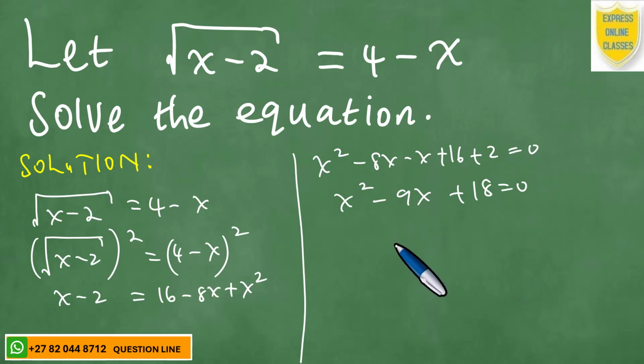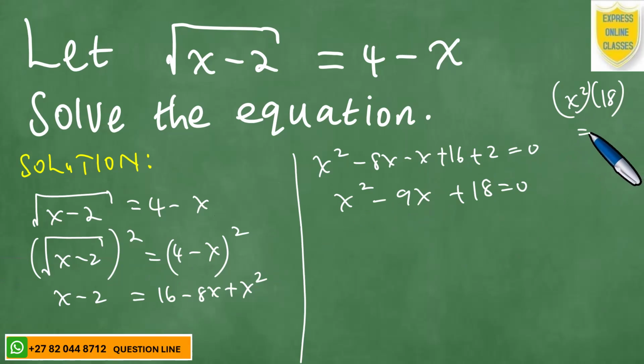By careful examination, we want to find the linear factors of this particular quadratic equation. To find the linear factors, we multiply x squared with 18, and we get the product of x squared and 18. So this allows us to deal with two linear factors whose summation is minus 9x.